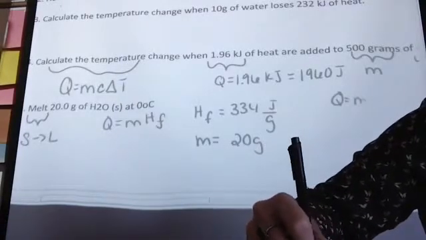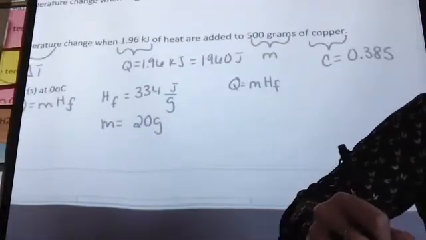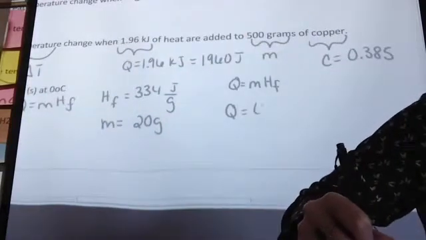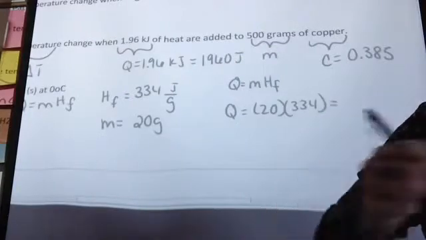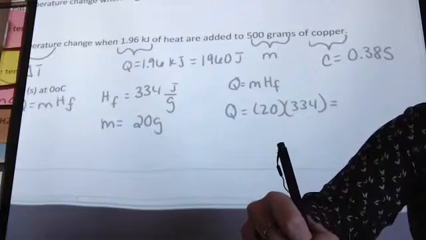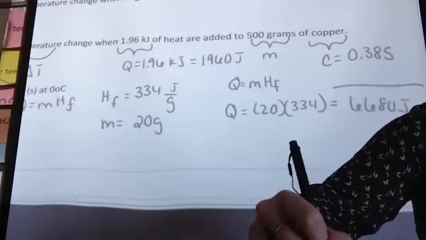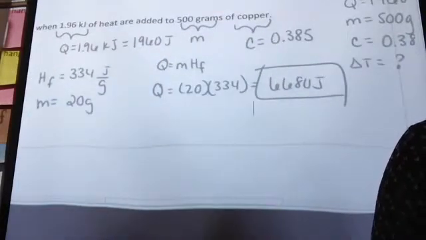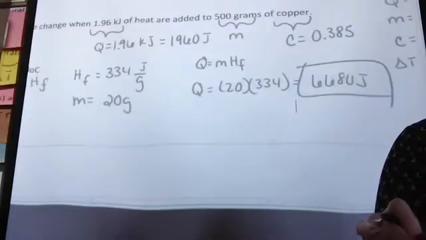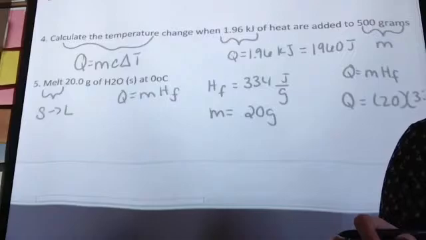Write your equation, plug in your variables, and solve. So 6,680 joules are needed to change 20 grams of ice into 20 grams of water.